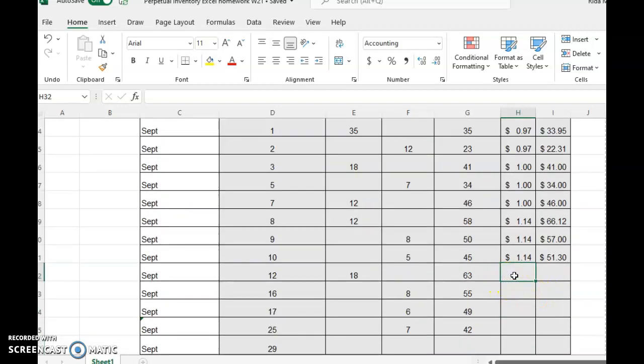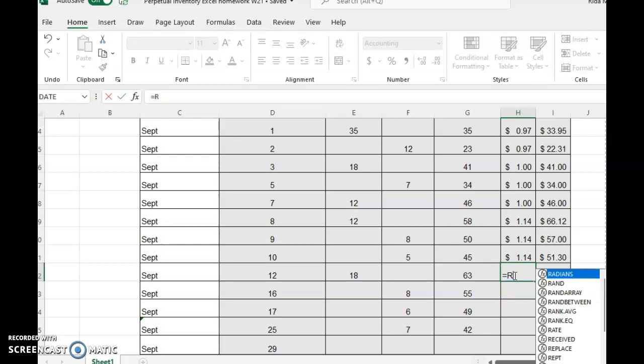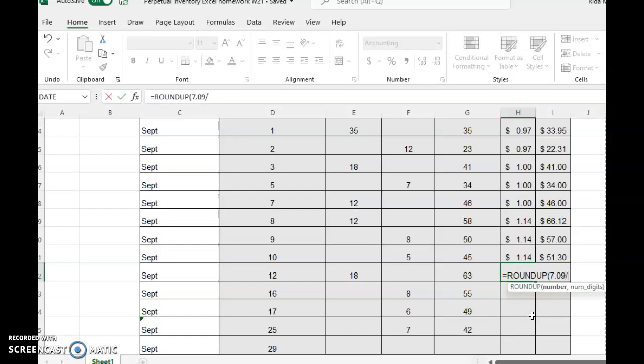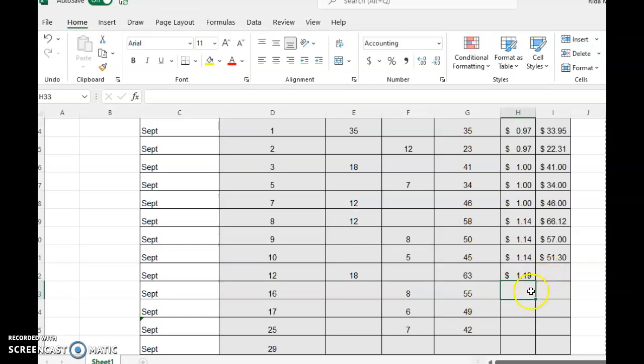So we'll do the round formula again. Round up 709 divided by 6, comma 2, close brackets, enter, and it gives us 119. So then if we multiply 119 times 63, that gives us 7497 as our total value.